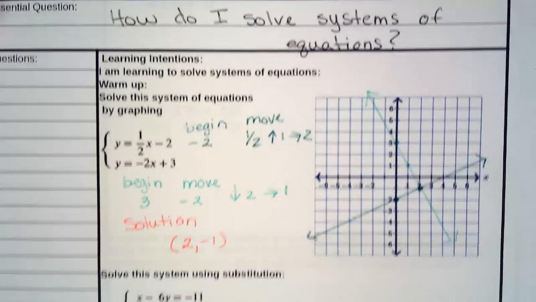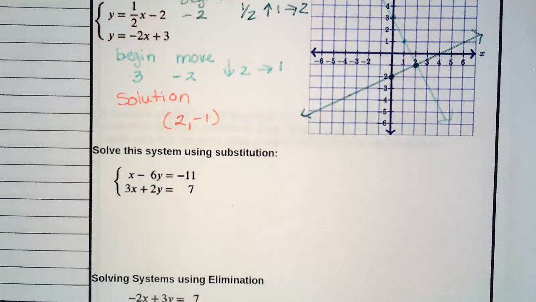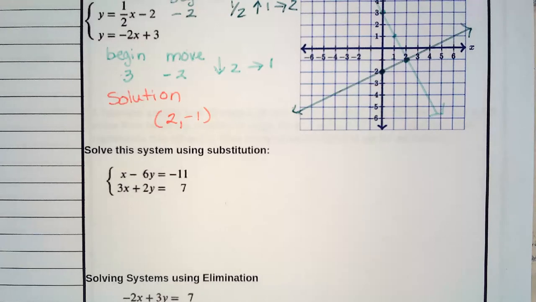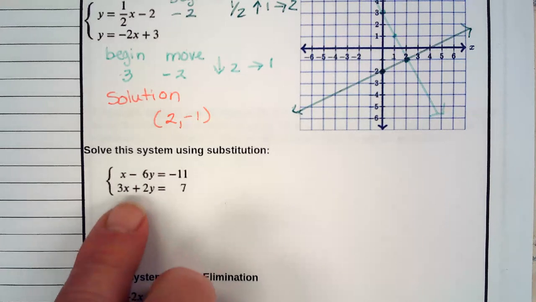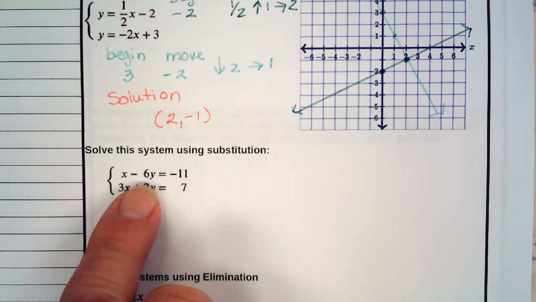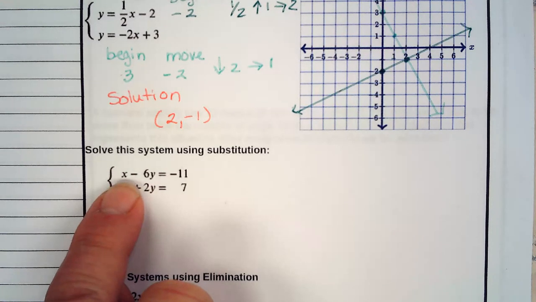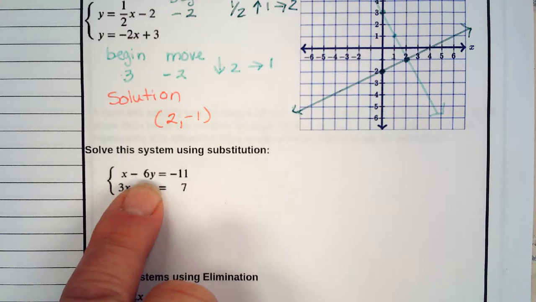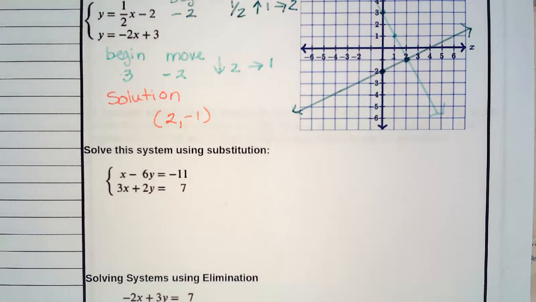For the next one, we're going to solve using substitution. To use substitution, you have to have one of the two equations set equal to either x or y. This is where you have to think. If I set the first one equal to x, then all I have to do is add 3y to both sides. Once I do that, I can substitute into the second equation.